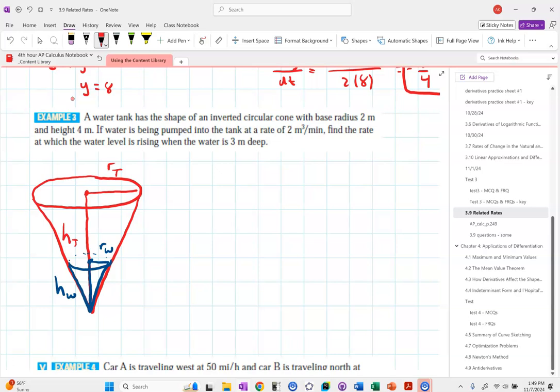Good? All right. It says a water tank has the shape of an inverted circular cone with a base radius of 2 meters. What do I call that? It's not a rate, so it's not going to be a derivative. Like the unit is just meters. That's RT.